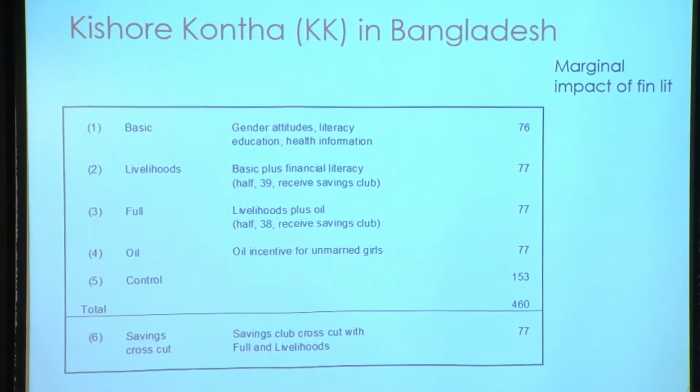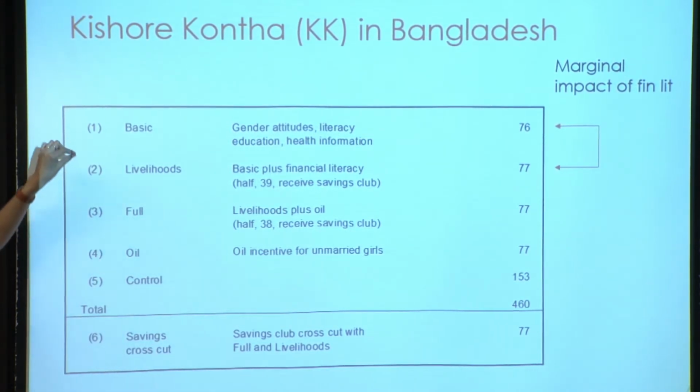The next thing I want to do is ask, what's the marginal impact of adding financial literacy to the program? For that, I'm going to compare treatment 1 and treatment 2. So the effect size I'm going to try and pick up is just the marginal impact of those two. And now I've got less power because I don't have this nice big control group.